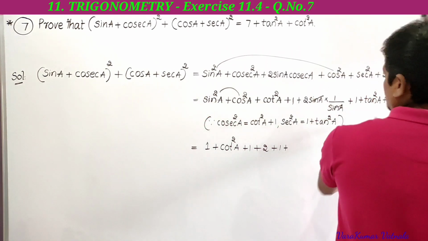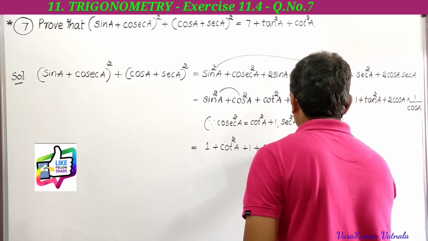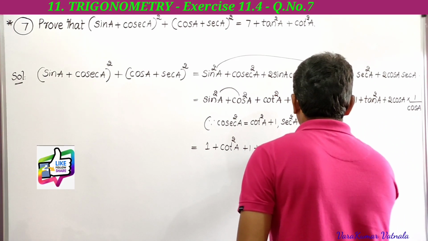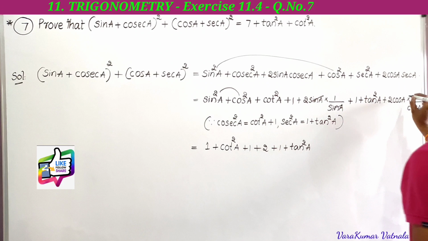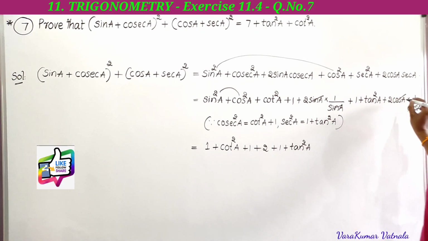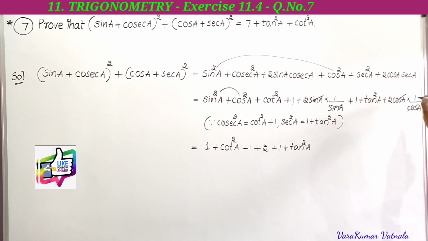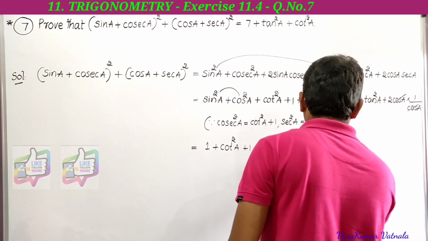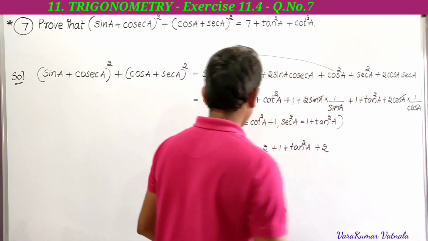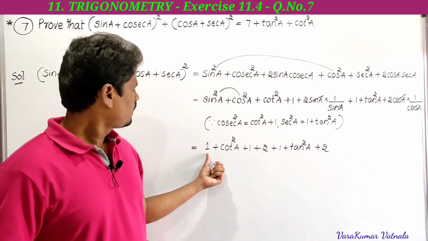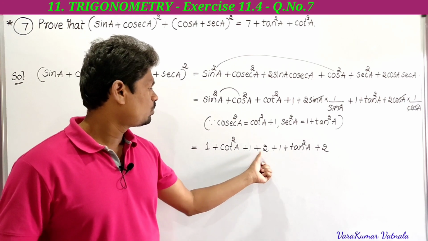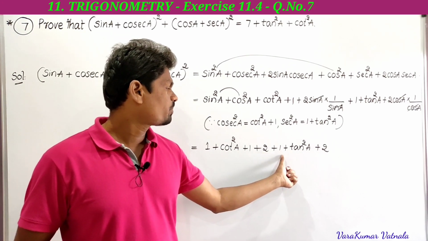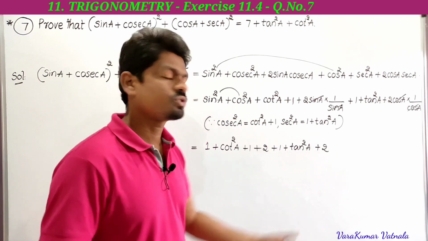Plus again write this tan square A as usual. Here also cos A and cos A get cancelled, 2 into 1 is 2 again. So just add all the numbers: 1 plus 1 is 2, 2 plus 2 is 4, 4 plus 1 is 5, 5 plus 2 is 7.